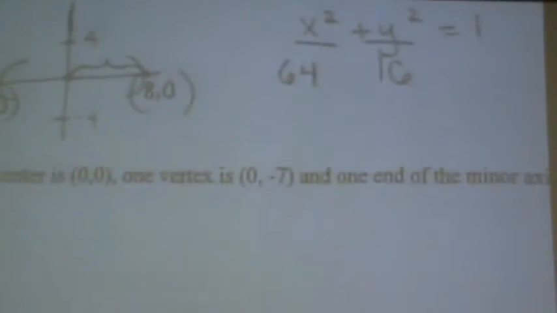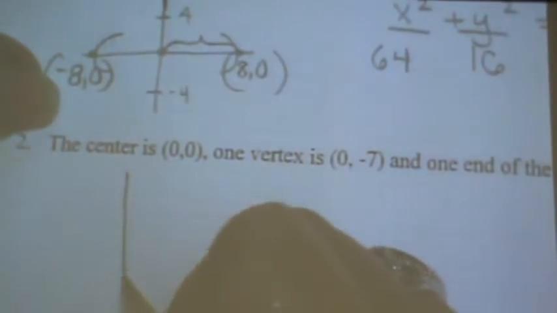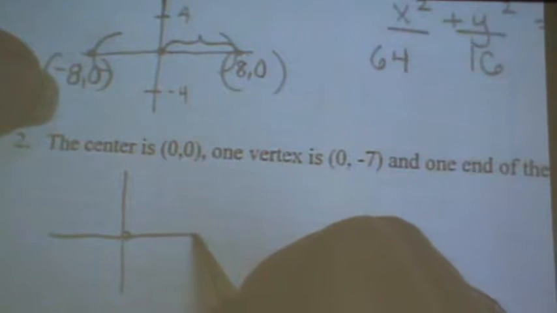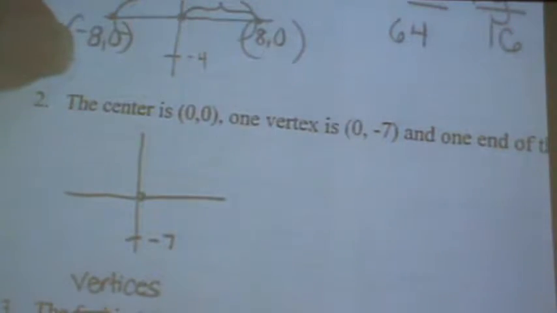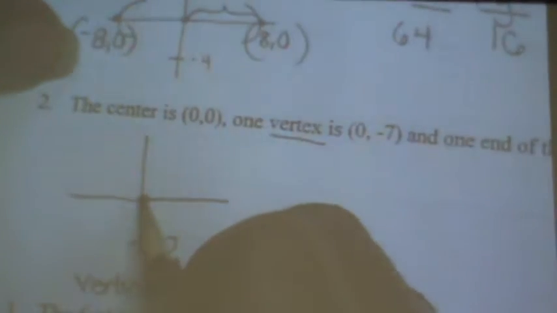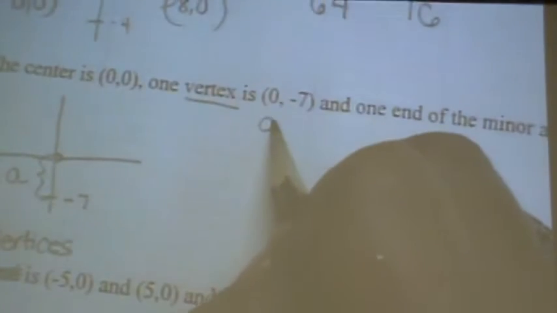Next one, this was typed wrong, this is 3. Okay, this one, the center is 0, 0. And one vertex is 0, negative 7. It's a vertex. So from here to here is your A value. What's A? A is 7.